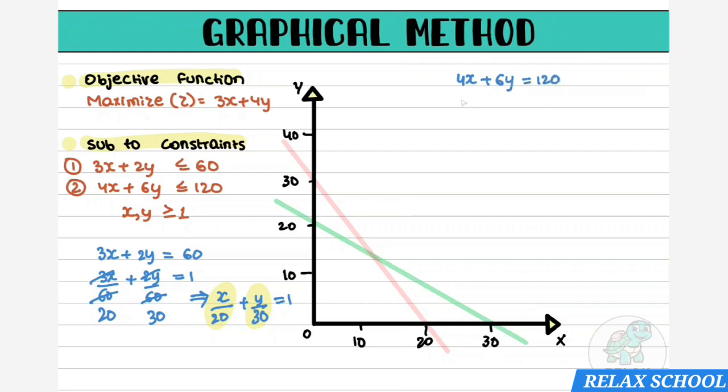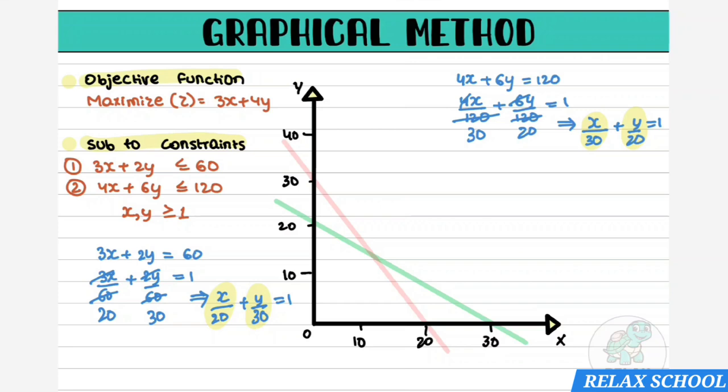So if we bring 120 to the left hand side, it would become 4x divided by 120 plus 6y divided by 120 is equal to 1. So it would become 4 30s and 6 20s. So what coordinates did we get? For x it's 30 and for y it's 20.